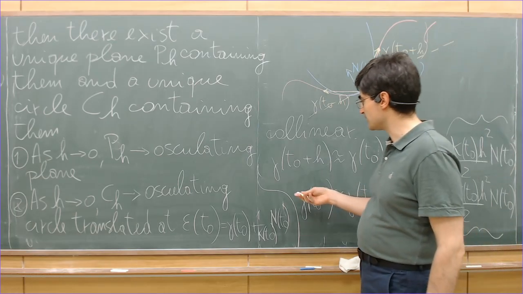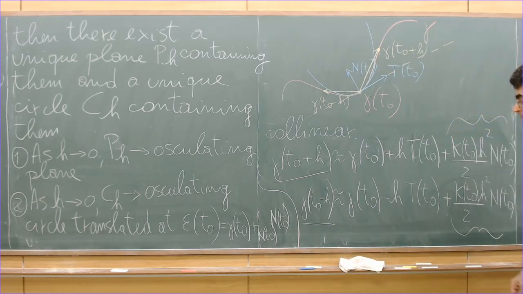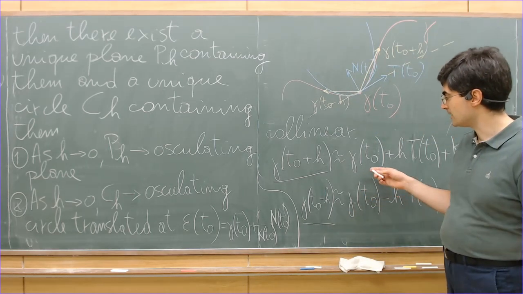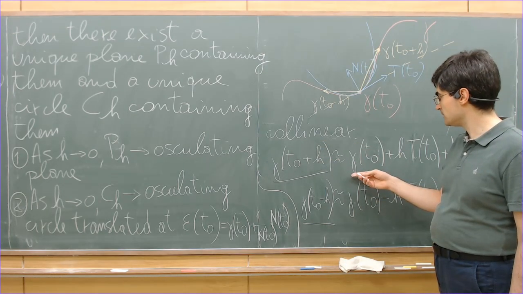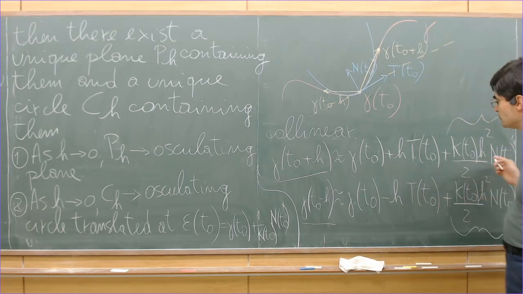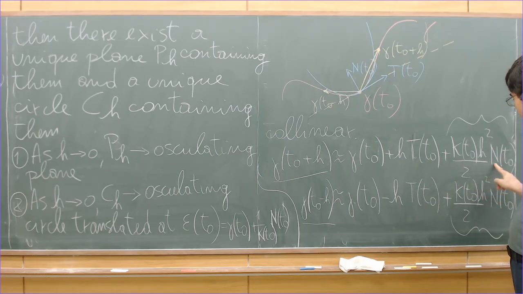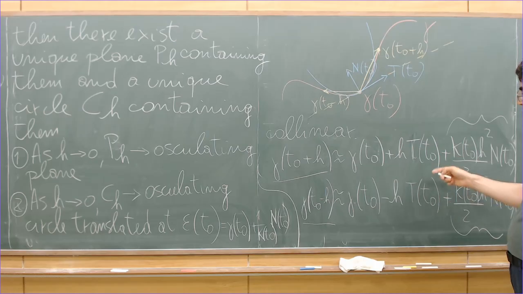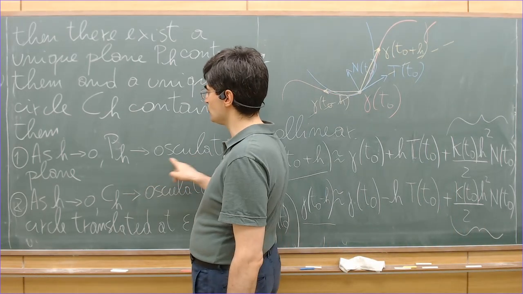It happens that gamma t0 plus h and gamma t0 minus h are given, for h small, by gamma t0 plus a vector which is a linear combination of t0 and n t0 in both cases, but since by definition t0 and n t0 span the osculating plane, then p h tends to the osculating plane.